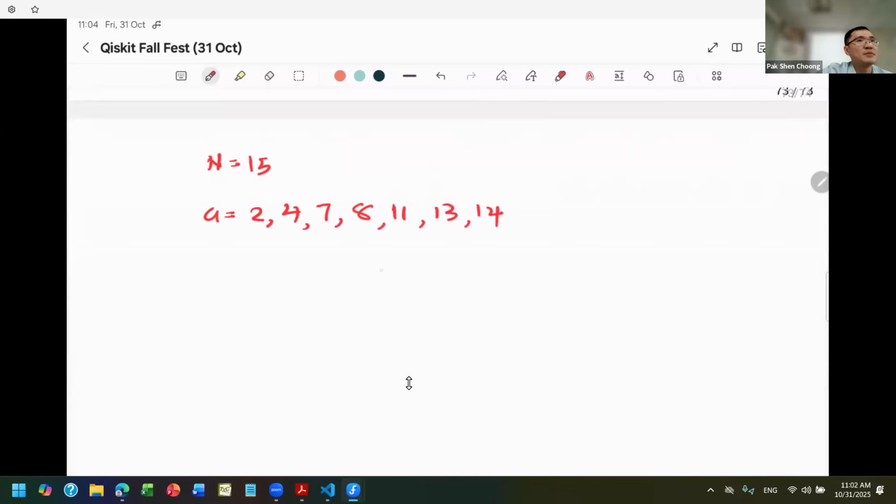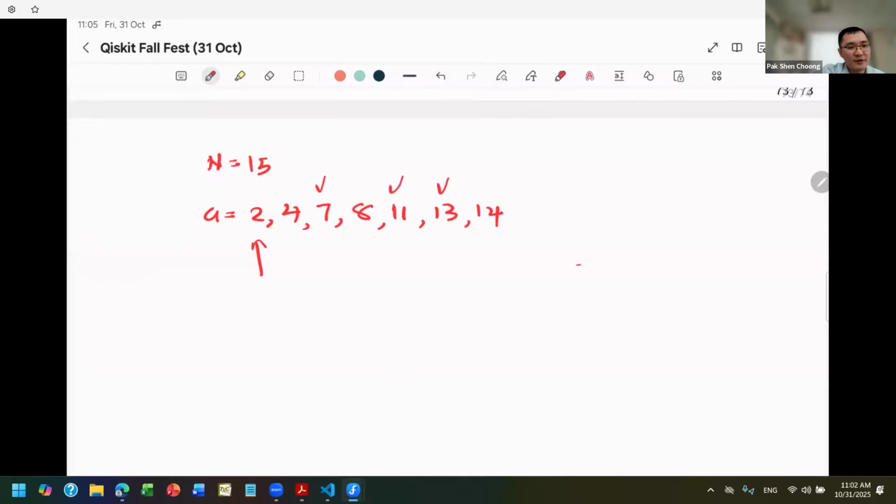So you have this many numbers. Qiskit did 2 for you. You can try, for example, 7. You can try 11. You can try 13.